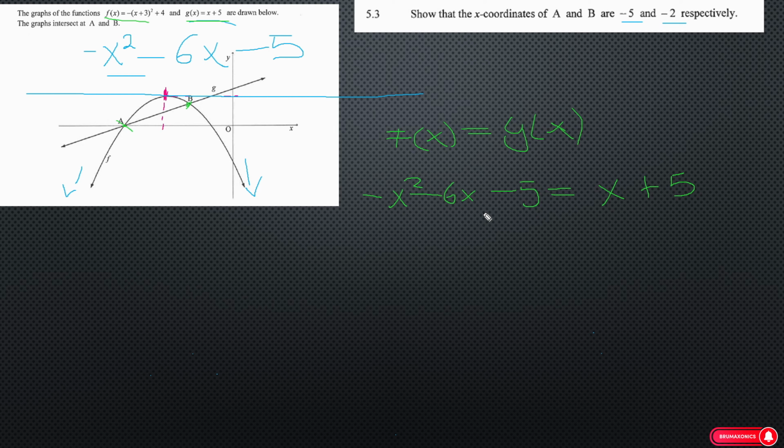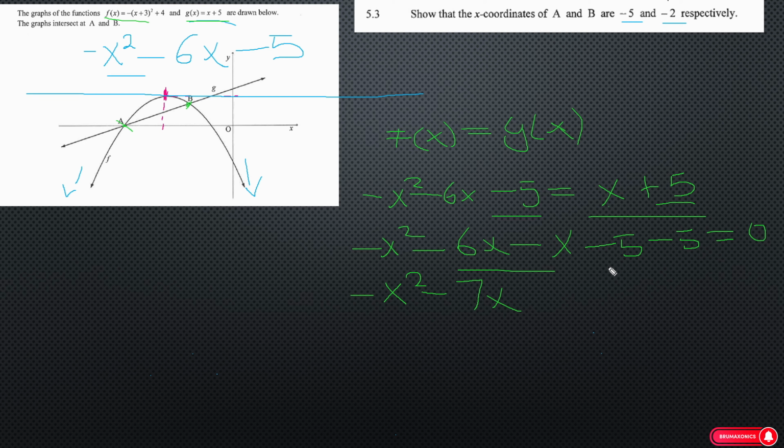So I will definitely take everything from this side to the other side, right? And that will help us with the solution. Negative x squared minus 6x, right? Minus this one, which is x, then minus 5, and then minus 5 is equal to 0, and then this will give us negative 7.